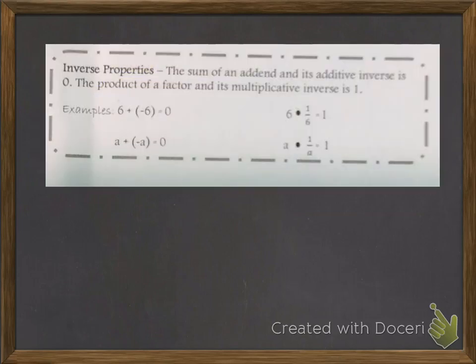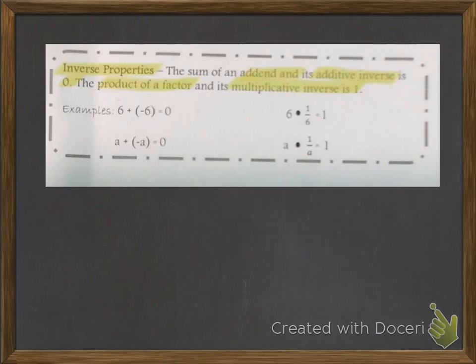And our last rule is an inverse property. The sum of an addend and its additive inverse is 0. The product of a factor and its multiplicative inverse is 1. So, for addition, that means that the addend 6, if I add that to its additive inverse. So if it's a positive 6, the inverse of that is a negative 6.